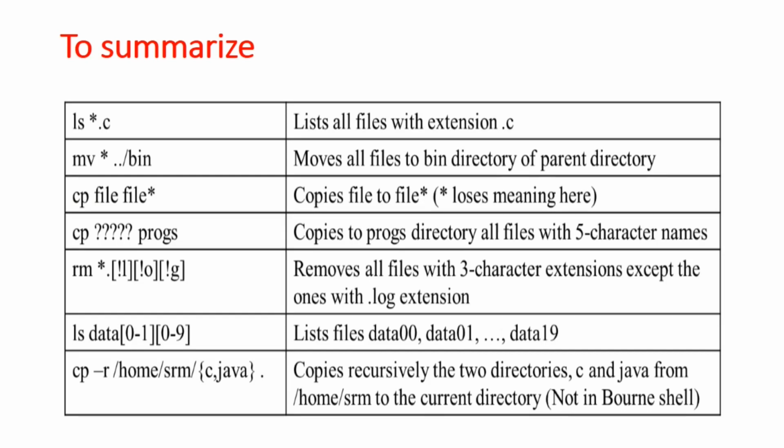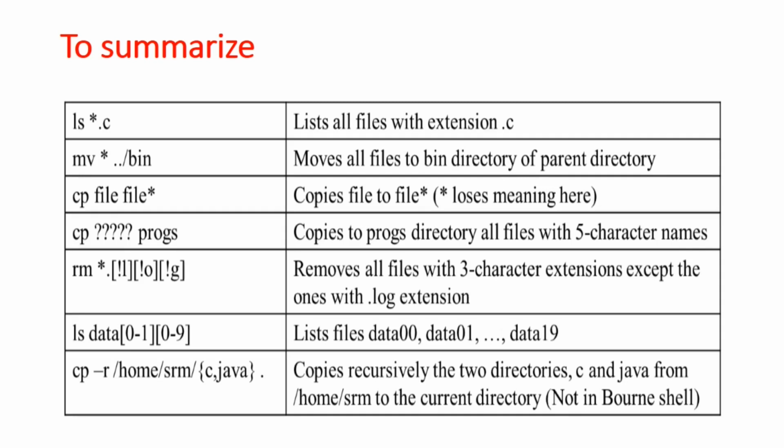Okay, so to summarize till now: the command ls star dot c lists all the files with the extension dot c. mv star dot dot slash bin moves all the files to the bin directory of the parent directory. Third command, cp file star, copies the content of the file to file star.